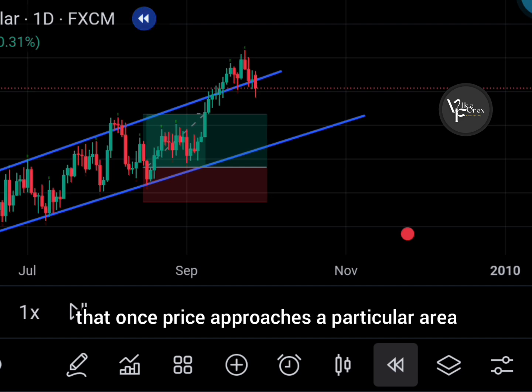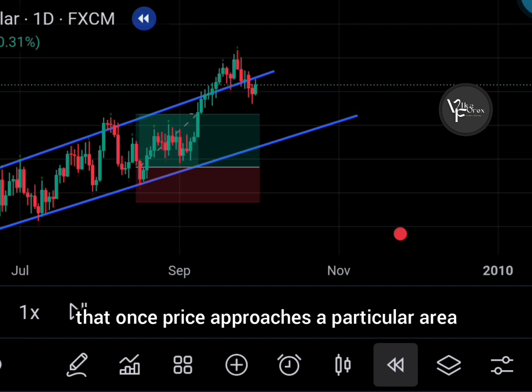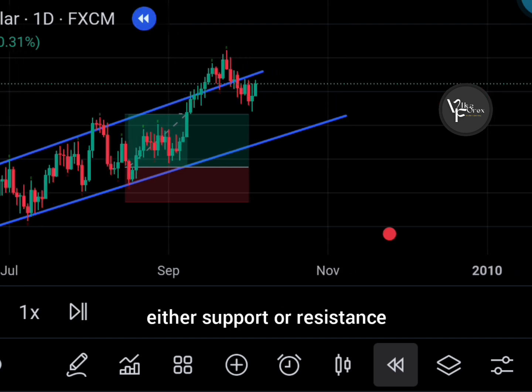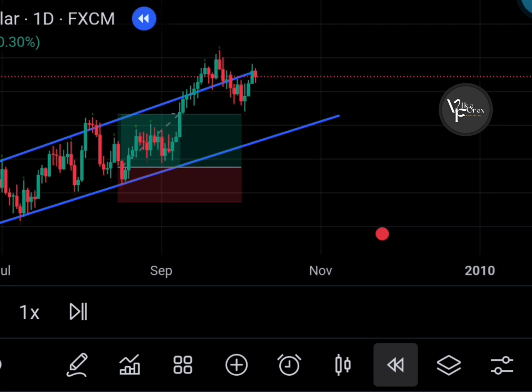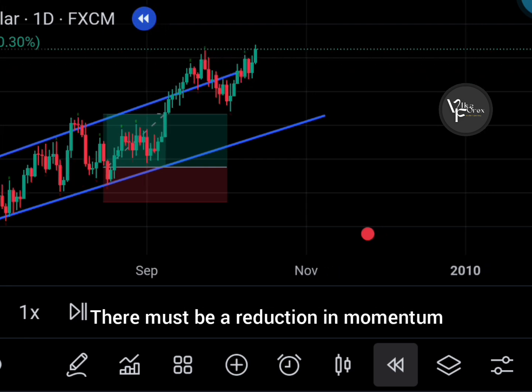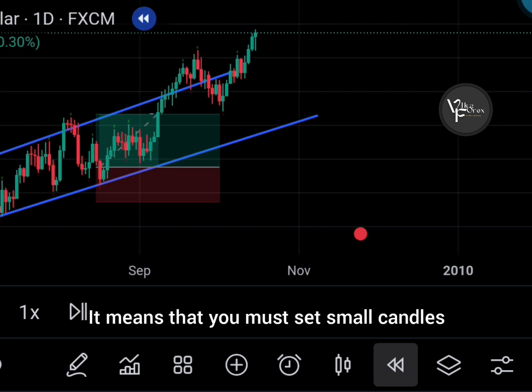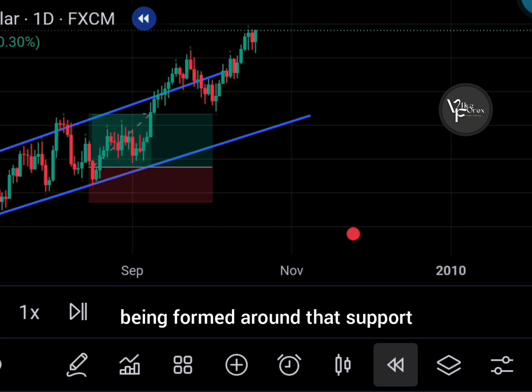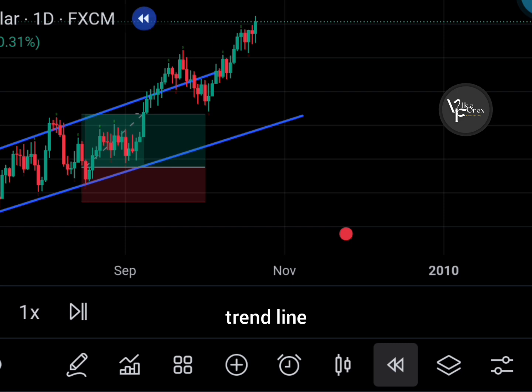One thing I want you to remember is that once price approaches a particular area, either support or resistance, and you're looking for a reversal, you must wait for small candles to be formed. There must be a reduction in momentum. It means that you must see small candles being formed around that support trend line.